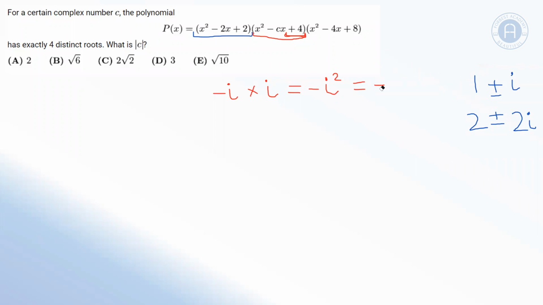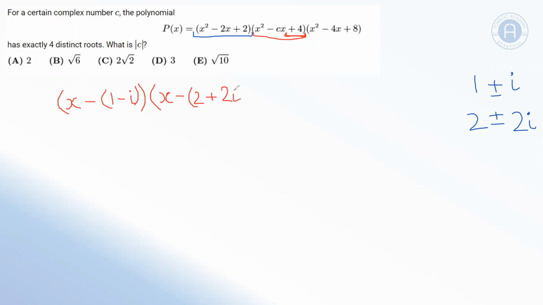Therefore, we are going to use the factors x minus (1 minus i), and x minus (2 plus 2i). Those will be our 2 factors for our middle quadratic, and then we'll need to expand that to find out what that middle value is.